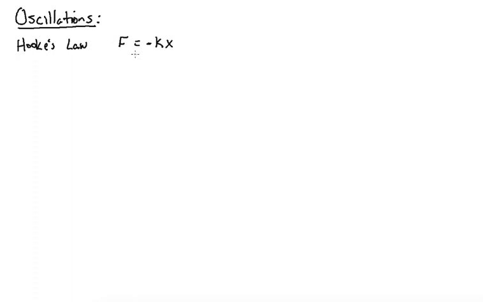So now we have to define some of these points. Looking at this tells us that acceleration is proportional to the negative of the displacement, which means if you were to graph it, it would look something like this, a negative slope. I'll put two dots here at the end, where this is acceleration and this is displacement from a point.